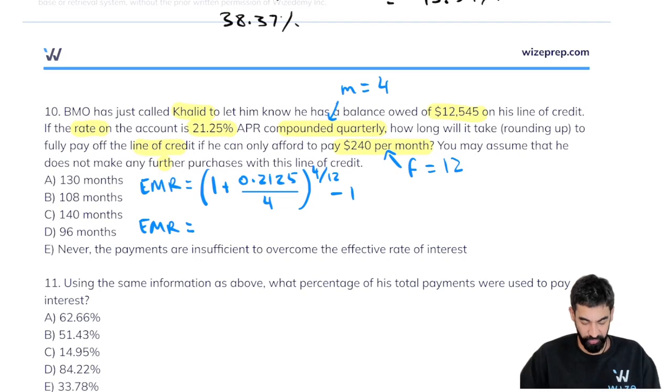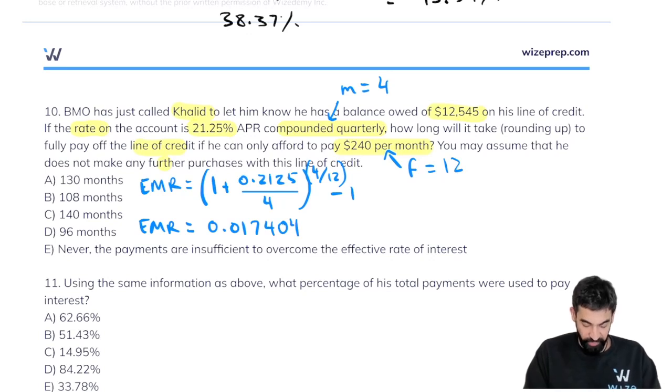Remember to put to the power of 4 over 12 in brackets in your calculator. This gives me 0.0174. And you could put that as even more decimals, so 7404, to avoid any rounding mistakes in your financial calculator.